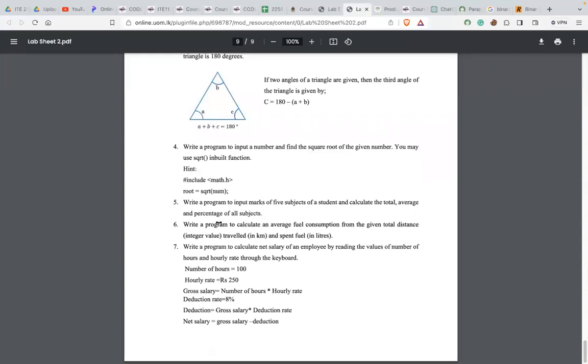And so, in the CLion IDE, how to have multiple C files? Okay, we'll come to that part later, how you can work with multiple C files. Any other questions?